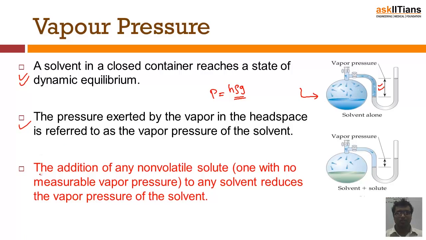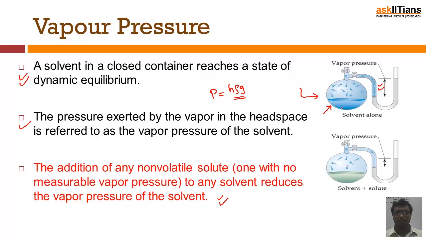Next important point. The addition of a non-volatile solute: suppose this is a solvent and to this solvent you are adding a non-volatile solute. If you are adding a non-volatile solute to the given solvent, it reduces the vapor pressure of the solvent.